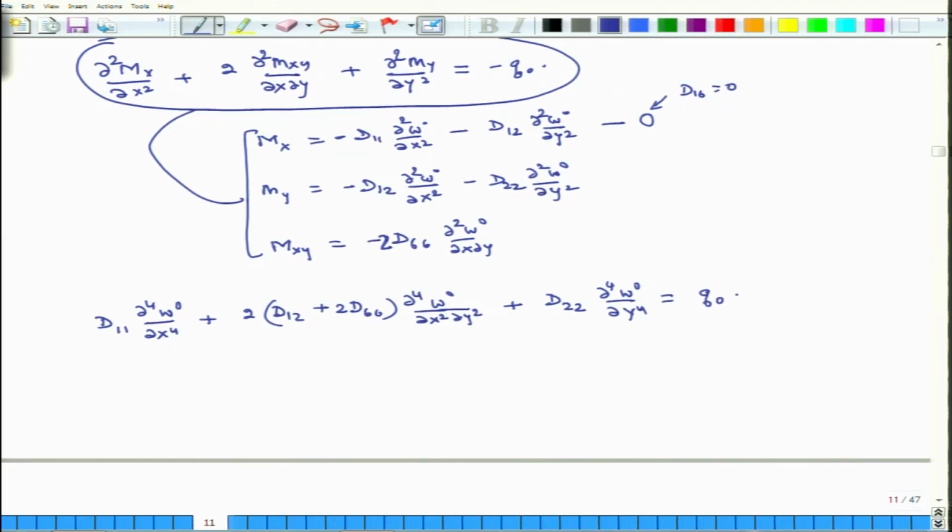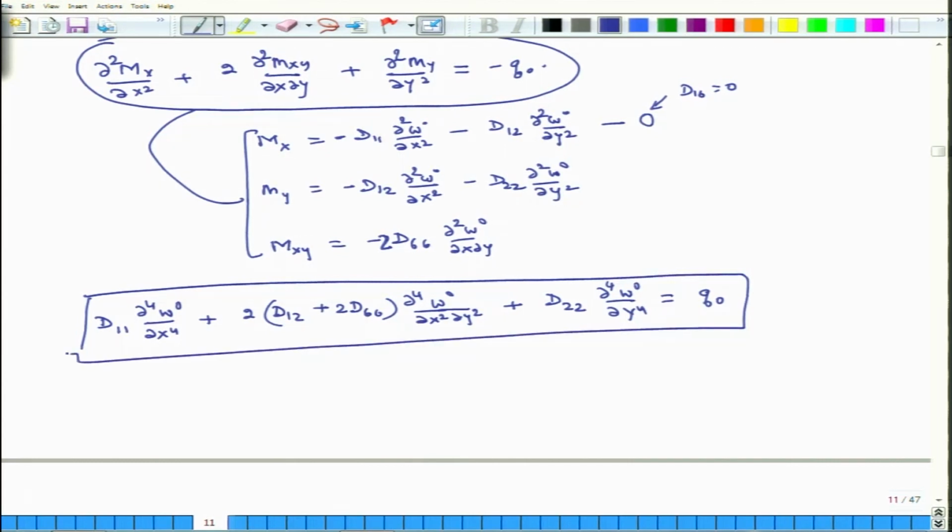The negative sign from both sides goes away. So, this is the out of plane equilibrium equation.